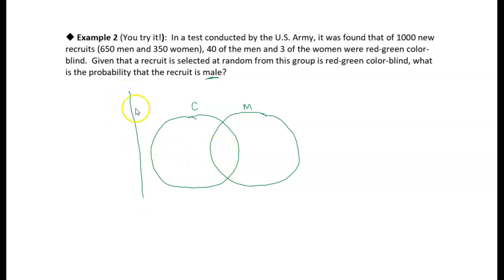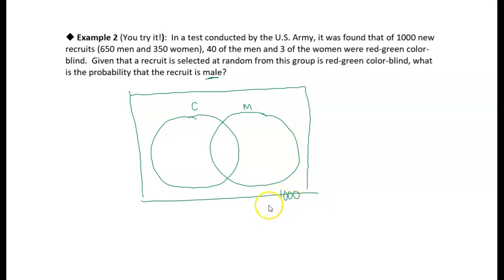The whole sample space is 1,000 recruits. 1,000 people were tested. Okay, 1,000 new recruits. And let's see, what else are we given? We're given that 650 of these were men.